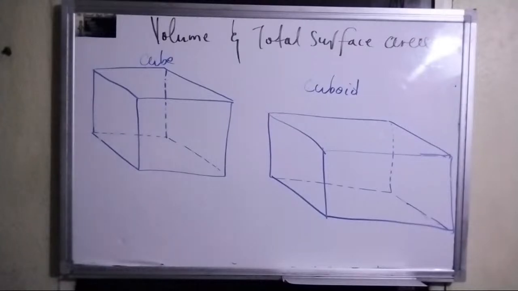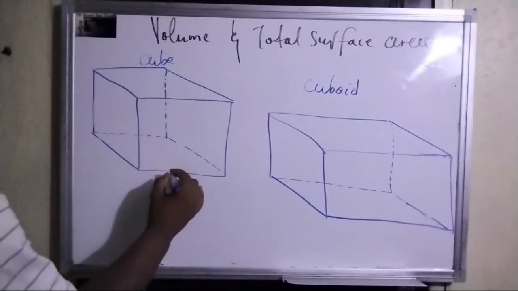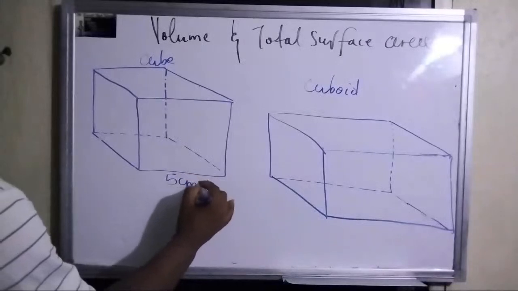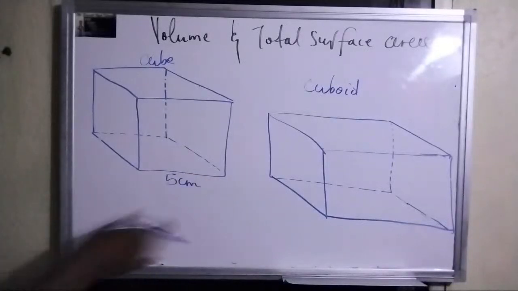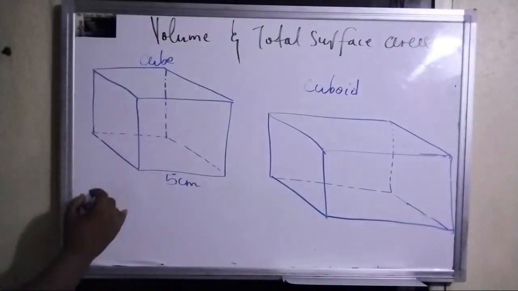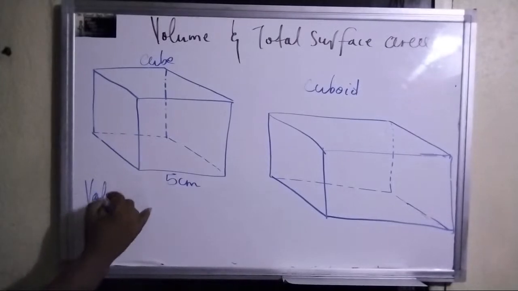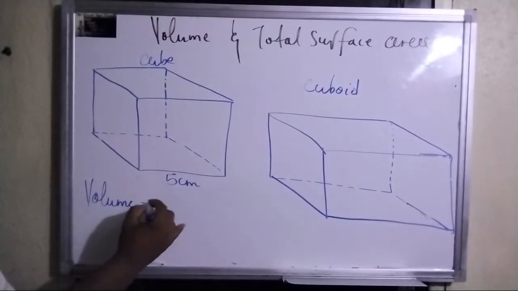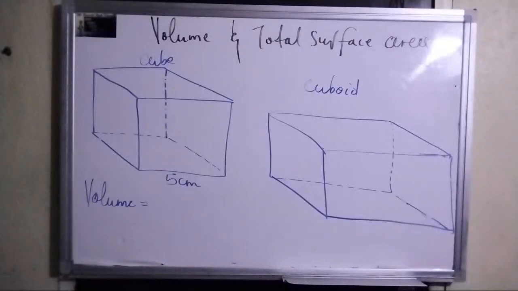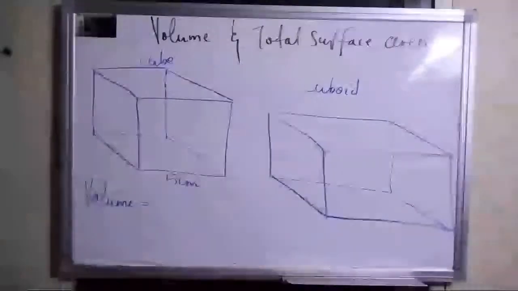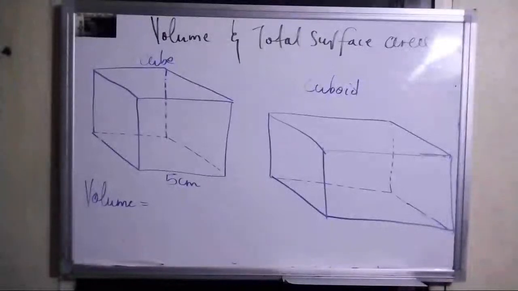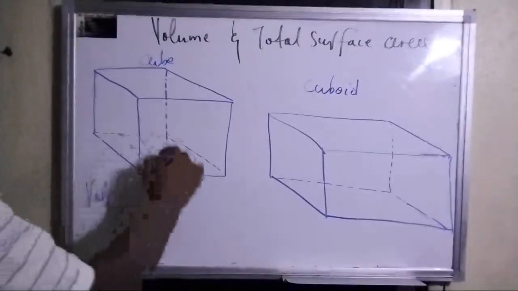Alright, so let us look at the volume of a cube. Let us say this was 5 centimeters. All of it would be 5, right? And they ask us to find the volume. Now volume, you can only find for 3 dimensions. And the formula for general volume is area of the base times the height. So all we have to do is find the area of the base.